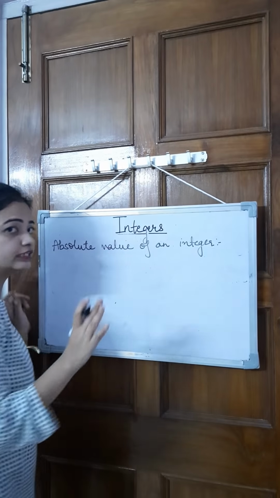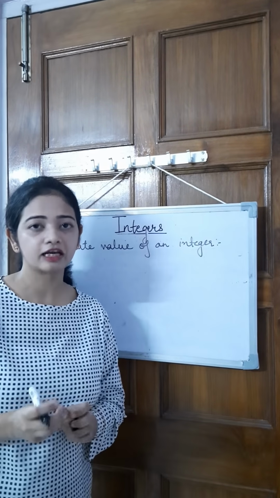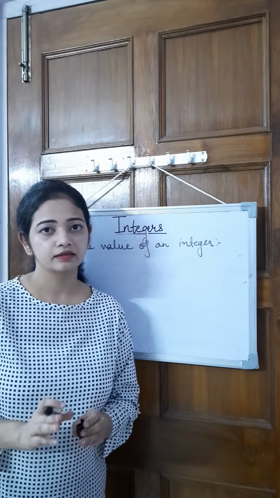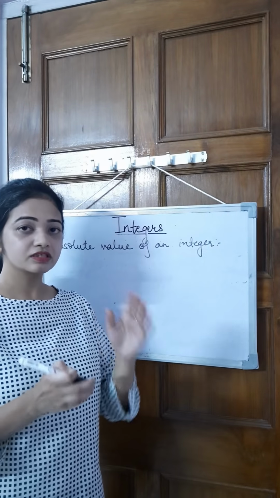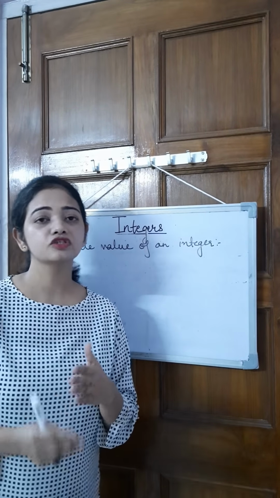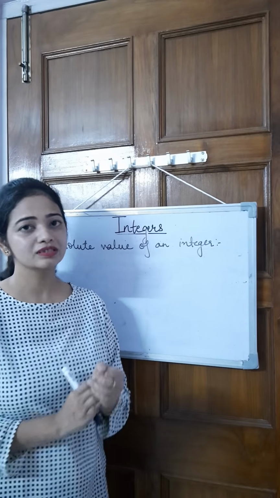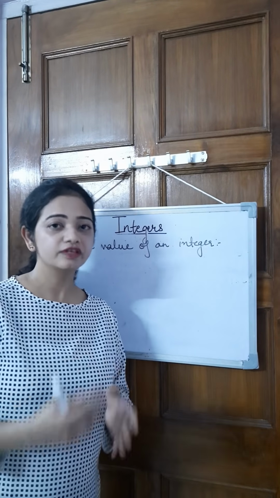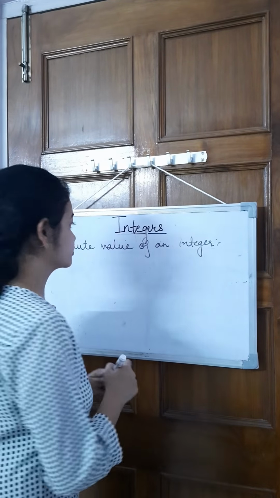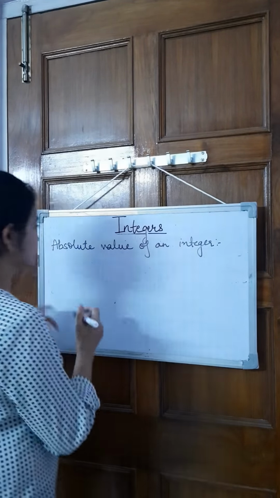Absolute value of an integer is its numerical value regardless of the sign. Means whether it is positive or negative, it is always the numerical value, which is only the number, which will always remain positive. How do we represent absolute value?